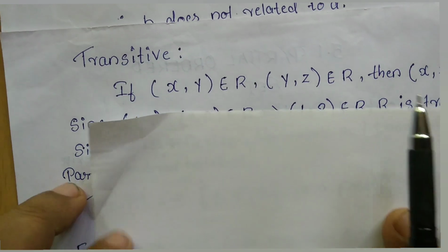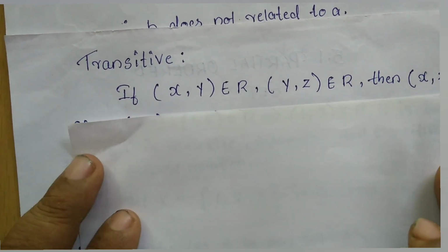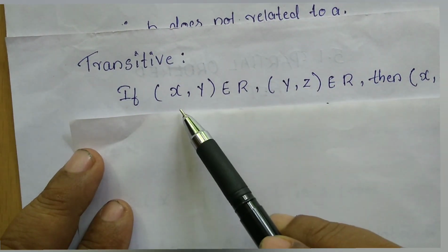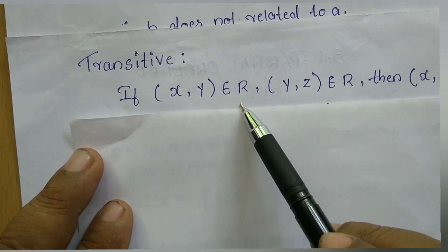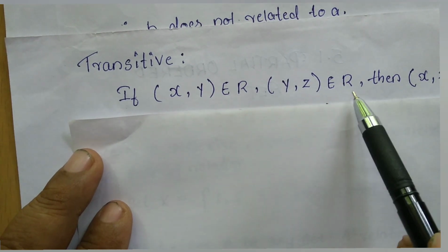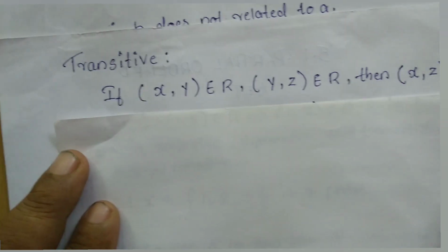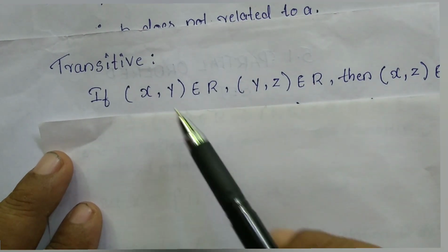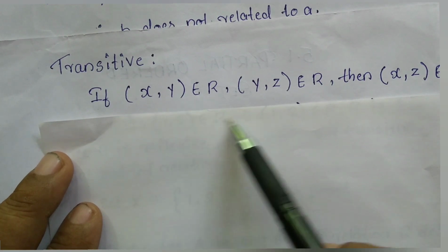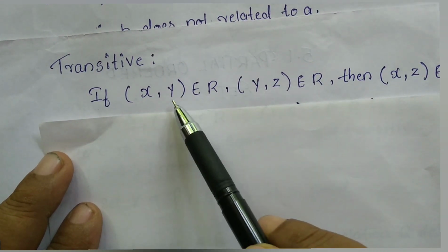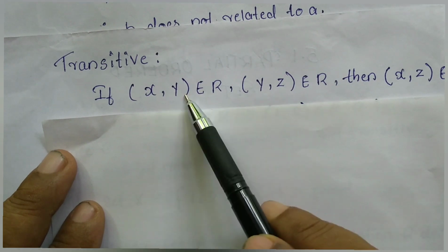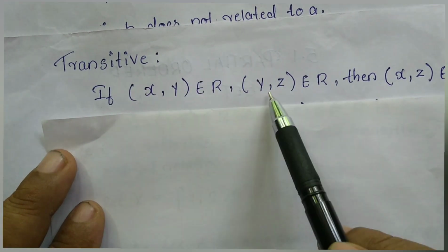Next is transitive. What is the transitive condition? If x comma y belongs to R and y comma z belongs to R, then x comma z belongs to the same R. What does it mean? x comma y and y comma z belong to R, the middle elements are identical, and we take x and z.